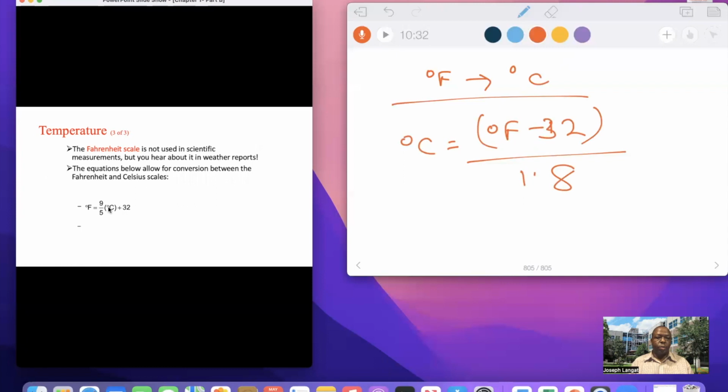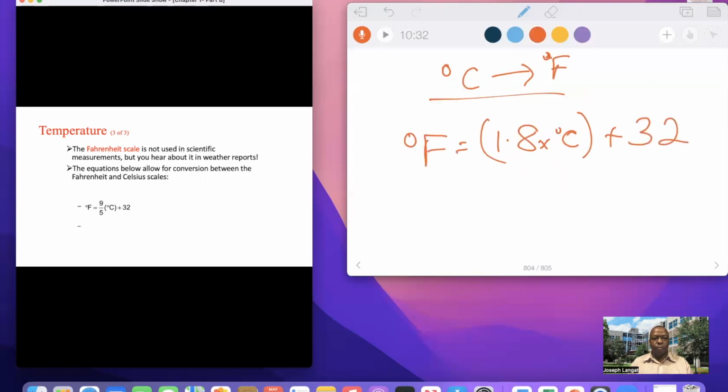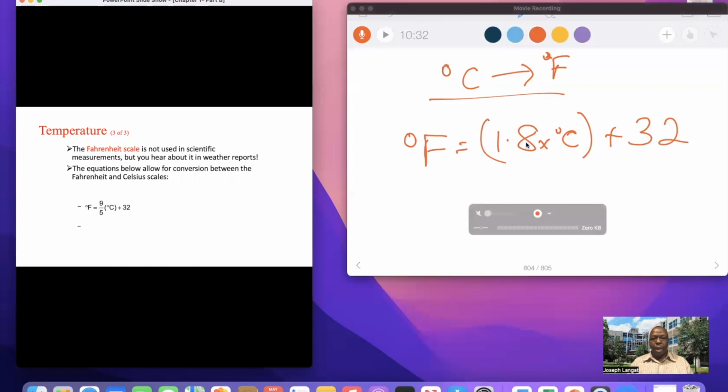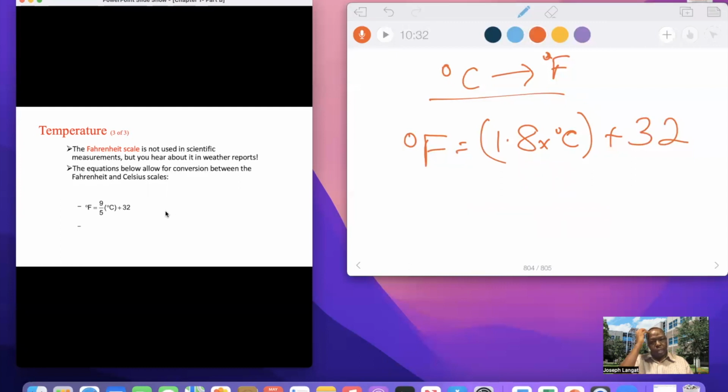These are the equations you use to change. This one is the same as what I have here, 9 over 5, which is 1.8, times degrees Celsius, and then you add 32. You are converting degrees Celsius to Fahrenheit.